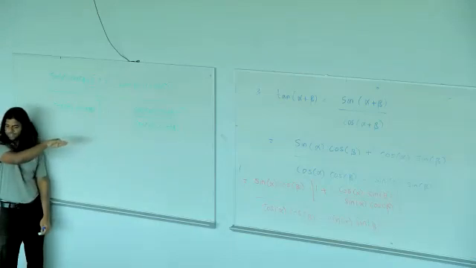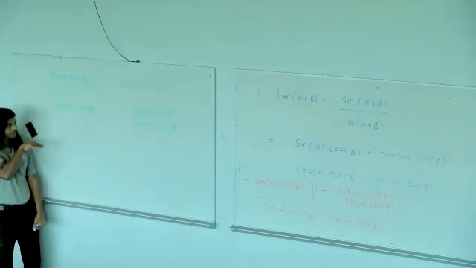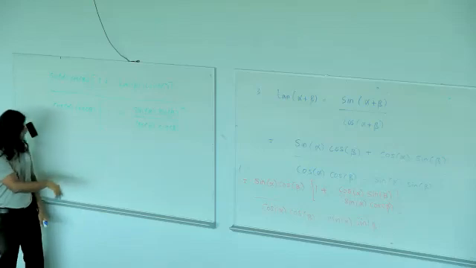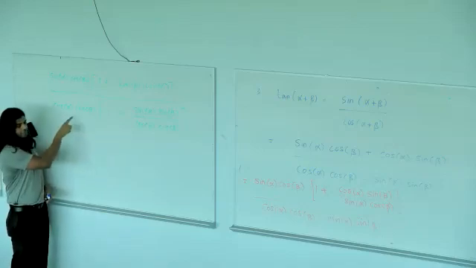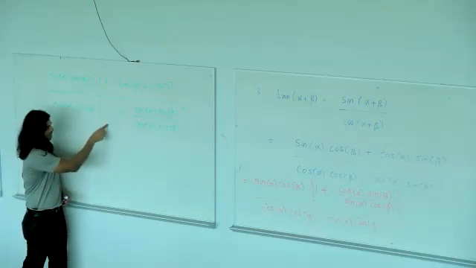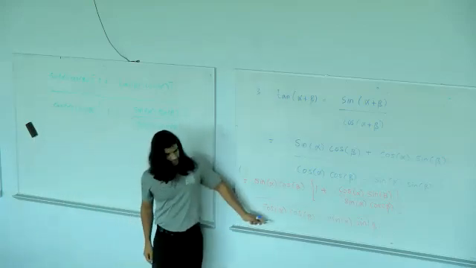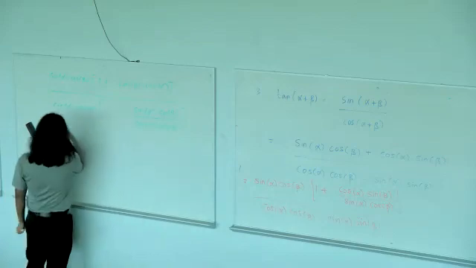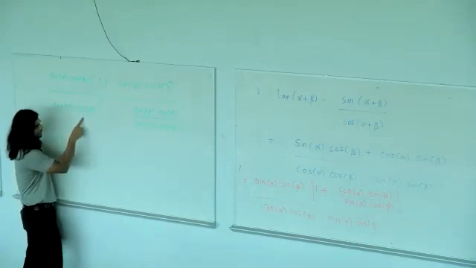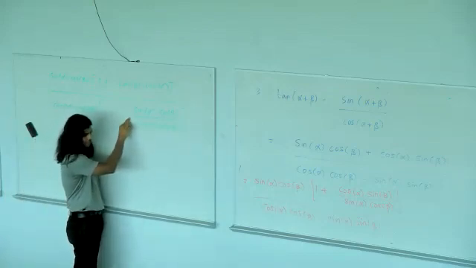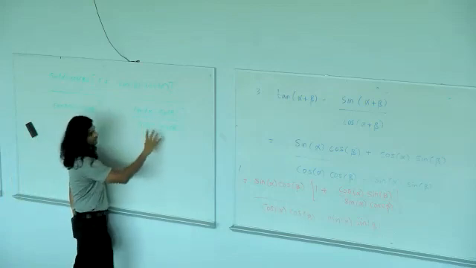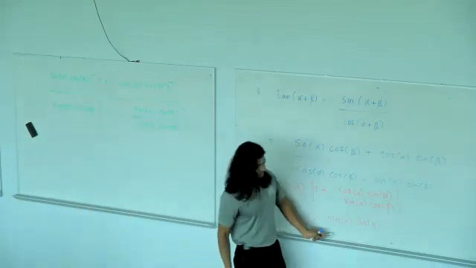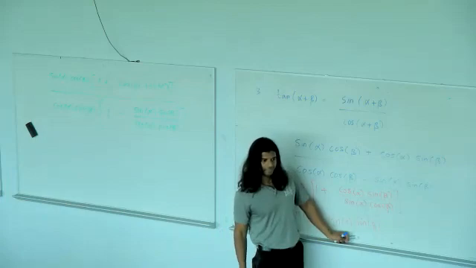If you distribute the term back in, cosine alpha times cosine beta times that term cancels out, leaving sine alpha sine beta.